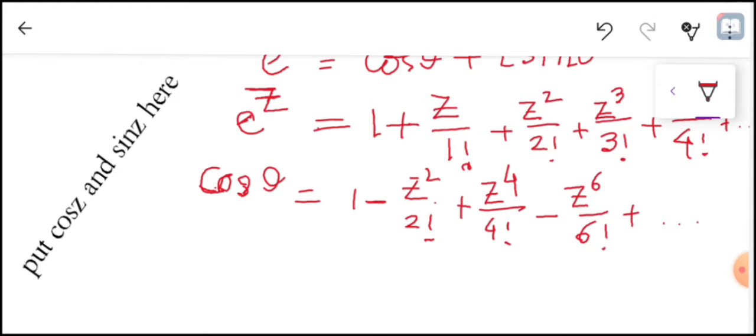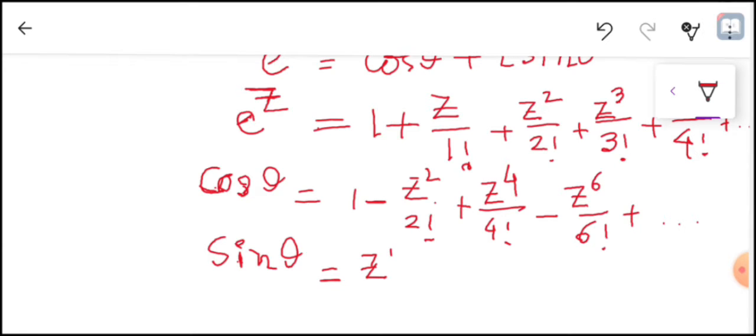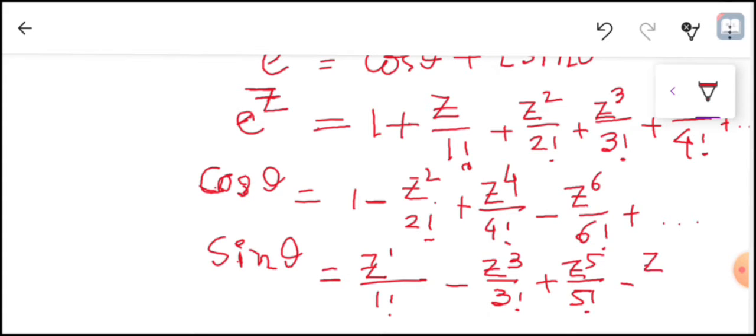Similarly, we know the expansion of sine theta is z to the power 1 by 1 factorial minus z cube by 3 factorial plus z to the power 5 by 5 factorial minus z to the power 7 by 7 factorial, and so on.